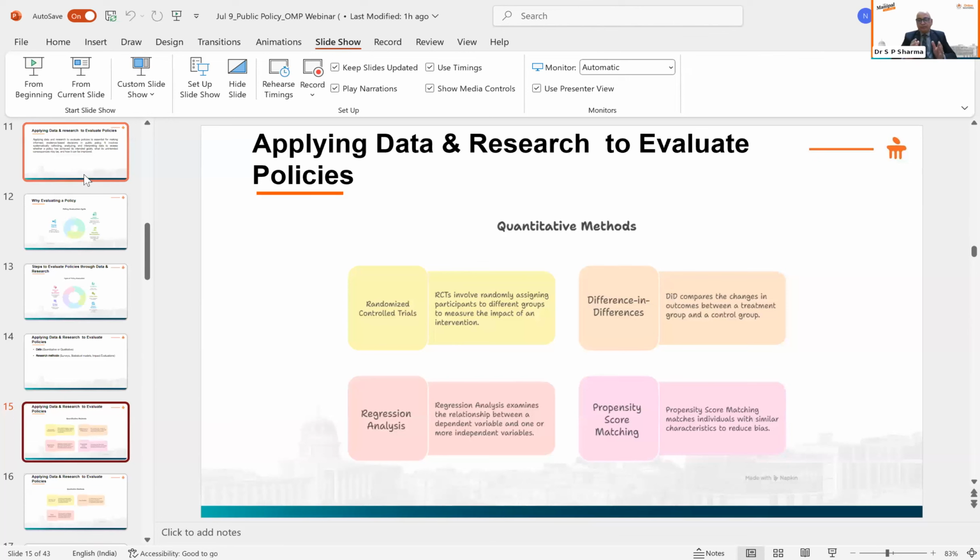Like if you are providing some relief to some segment, I would say in the coronavirus, there was a vaccine, the corona vaccine that is preventing COVID. Some set of the population got that dose, but another set of the population did not get that dose.